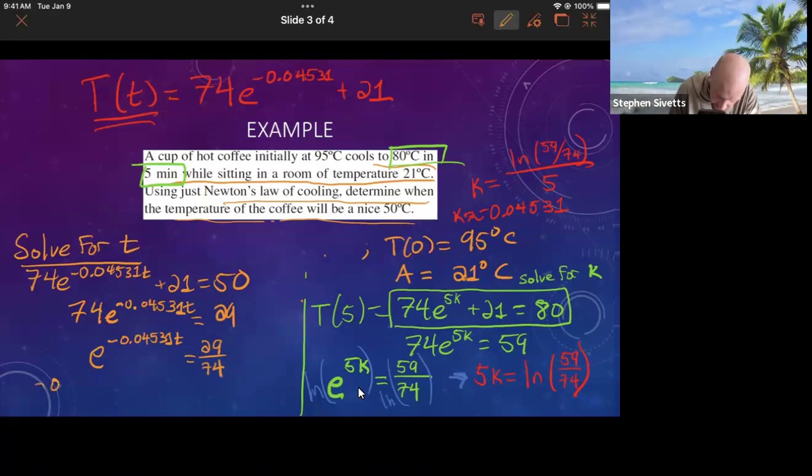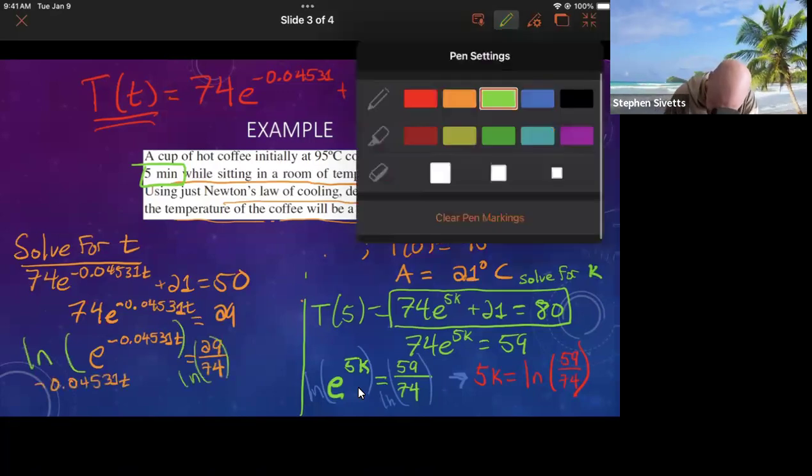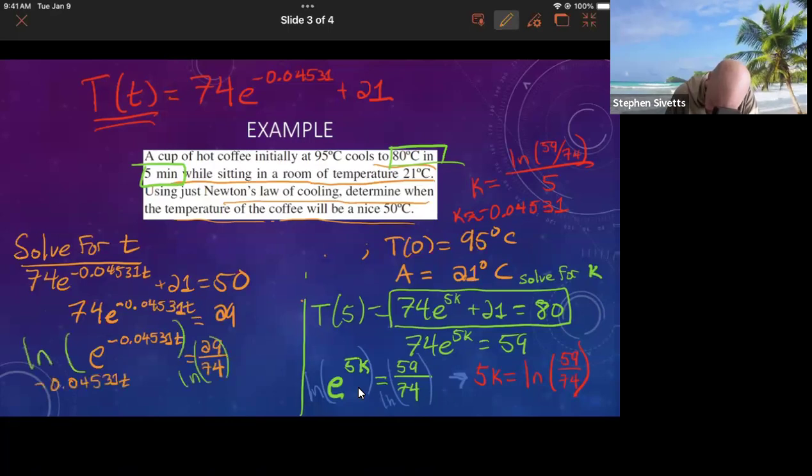If we take the natural log of both sides, we get minus 0.04531 t equals ln of 29 over 74.